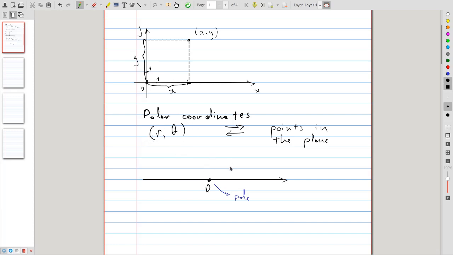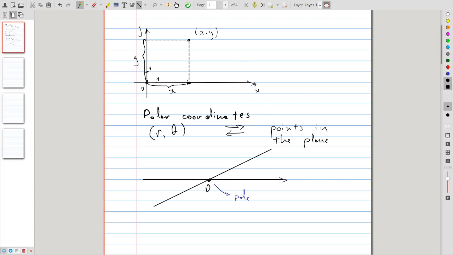Then what you do is you measure the angle theta counterclockwise from the direction of your axis. So let's say this is the direction of your axis. Then you want to take this and effectively rotate it counterclockwise, say like this.